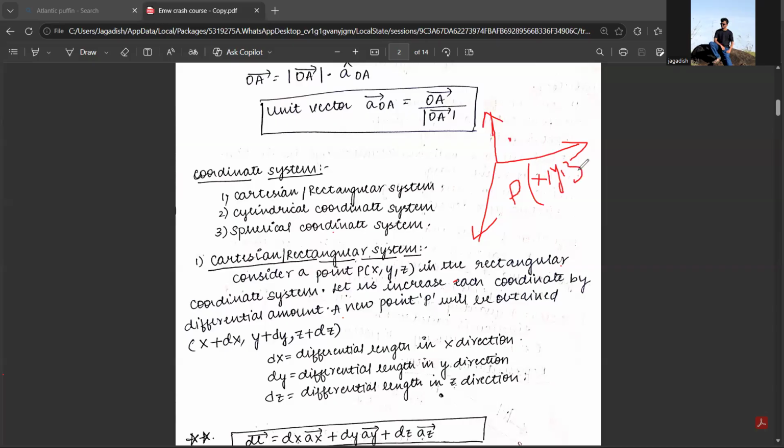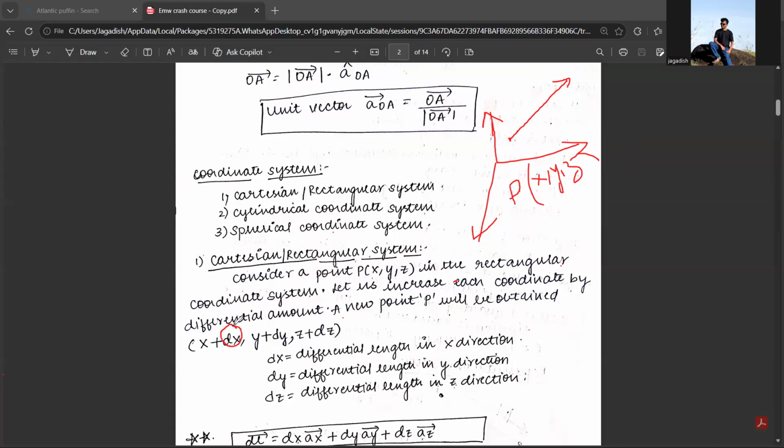We are increasing the length of every coordinate by some differential element, that is dx.